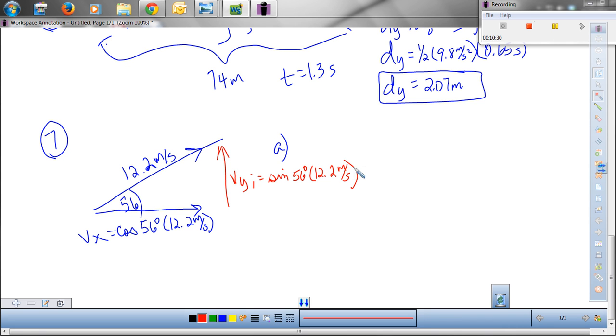So if I use my trusty calculator here, cosine of 56 times 12.2, that one's going to be 6.82. And then the sine of 56 times 12.2 gives me 10.1.